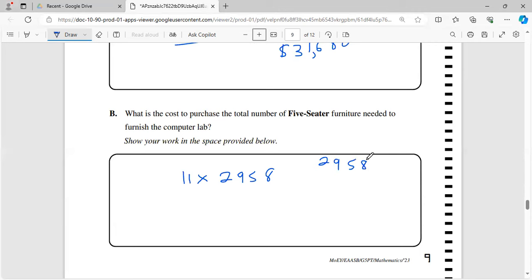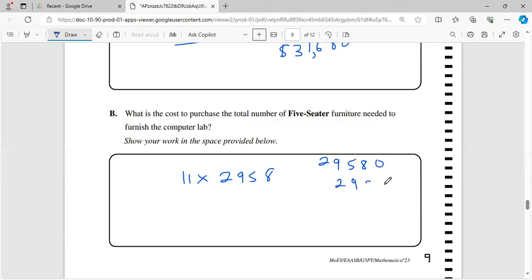Again, we can multiply by 10 and then add one more of this. But we could do it the long way. So we could multiply by 10 and then we multiply 1 times 2,958. Add a 0 and then now 2,958.